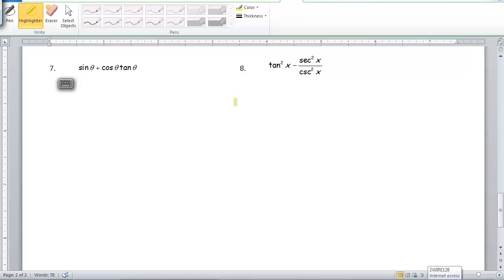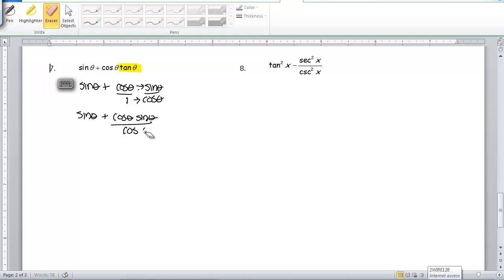In number 7, the only thing I can do if I go through my steps is change tangent to be in terms of sine and cosine. Since tangent is the same thing as sine divided by cosine, when I multiply these and combine it into one fraction, I'm going to be able to cancel the cosines, leaving me with sine plus sine.